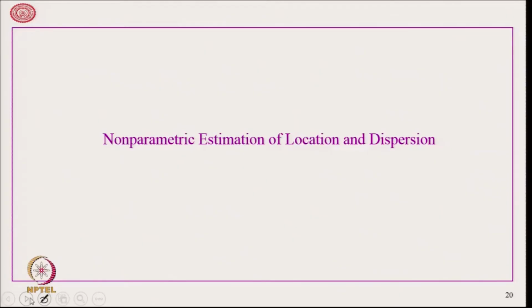So, let us look at the most common problem, non-parametric estimation of location and dispersion. So, what do we mean by location? By location, essentially we mean the central tendency. When it is the numeric case, we talk about the mean.